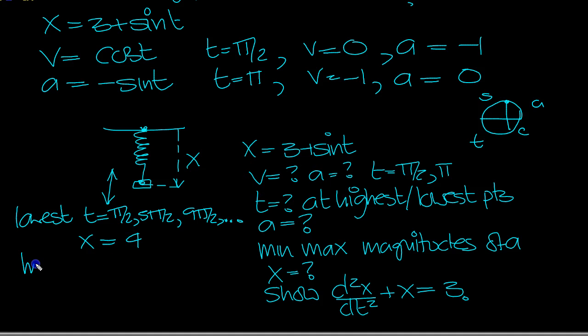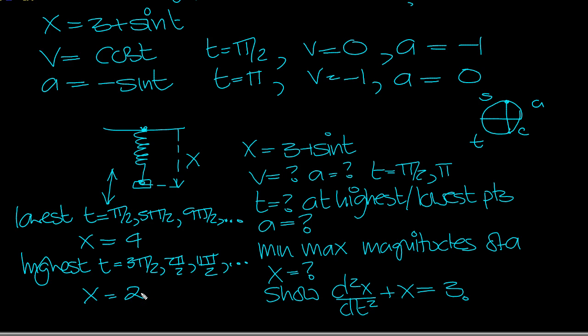And lowest, that's when the sine value comes back to minus 1, which is around here, isn't it? At 3π/2. And then around again is 7π/2, and then 11π/2, just adding 2 pi's, full circles. And then x would equal 2.